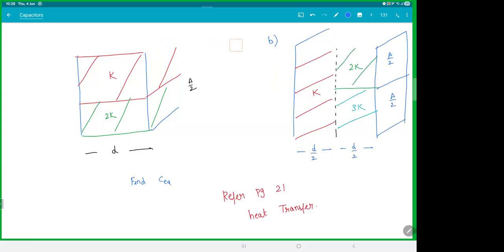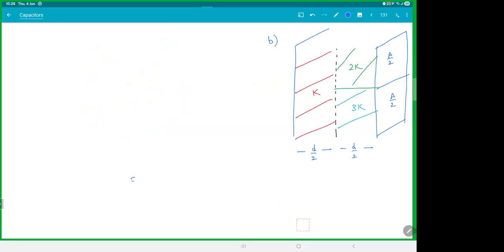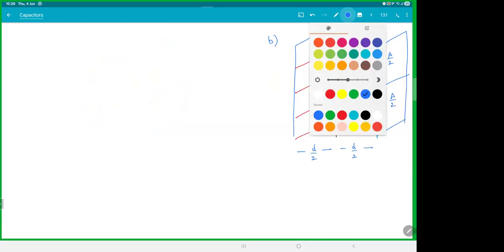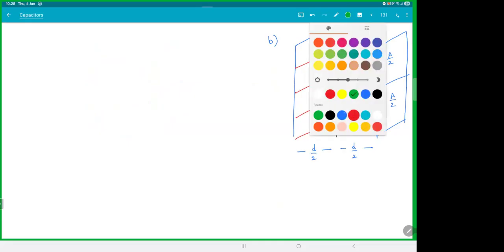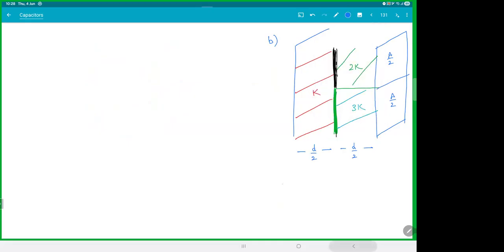Straightforward. What about this one? Hope you remember this. You cannot take 2K and 3K in parallel. That is because this interface and this interface are not identical. They have different potentials. Here, 2K and 3K are not in parallel.